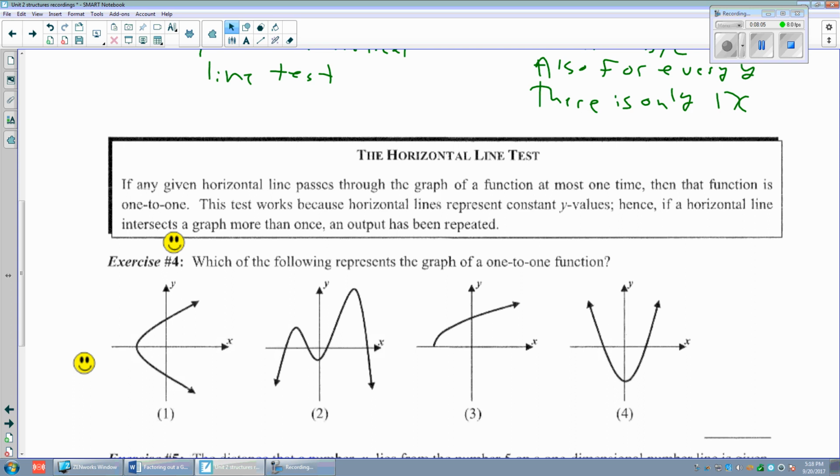If a horizontal line intersects the graph more than once, an output has been repeated. This is a horizontal line test. I'm highlighting that. It says if a horizontal line intersects the graph more than once, then an output has been repeated, and it's not a 1-to-1 function.